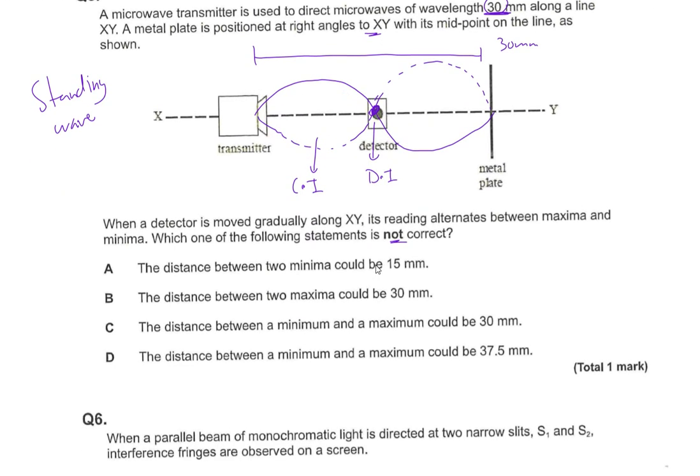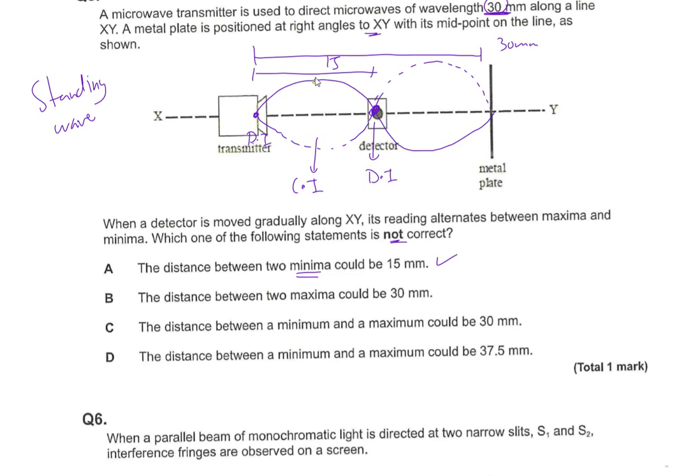Okay. Now, the distance between two minima could be 15. So let's take a look. So from here to here is 15. Okay, the distance between two minima means destructive interference. So this here is a destructive interference. Okay, so this is correct. The distance between two maxima would be 30.